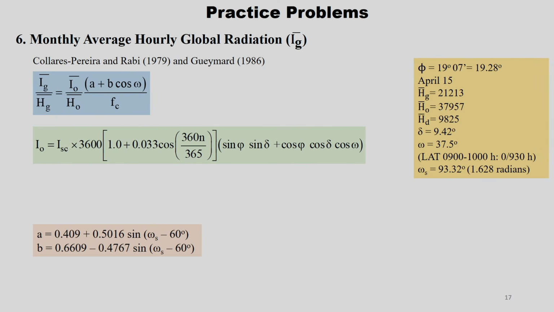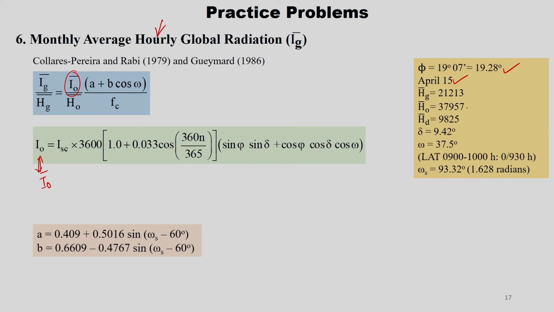So, the next one to be calculated is the monthly average hourly global radiation, which is nothing but Ig bar. Here we use the same data, phi is 19.28, April 15th, because here also we are using I naught. So, remember this is hourly radiation. Daily radiation is capital H, hourly radiation is I, and the symbols are G for global and naught for extraterrestrial.